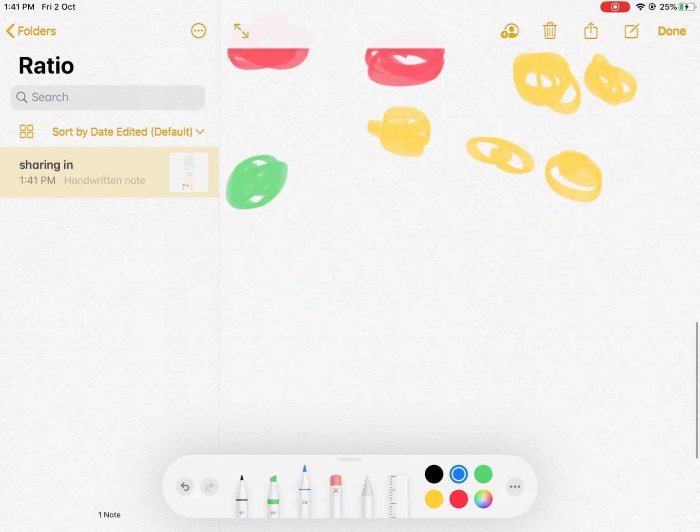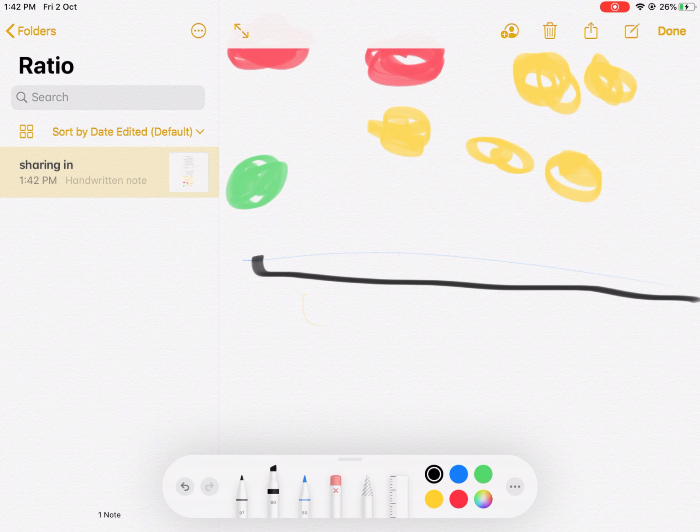So what does state the ratio mean? It means you say the ratio of red dots to yellow.